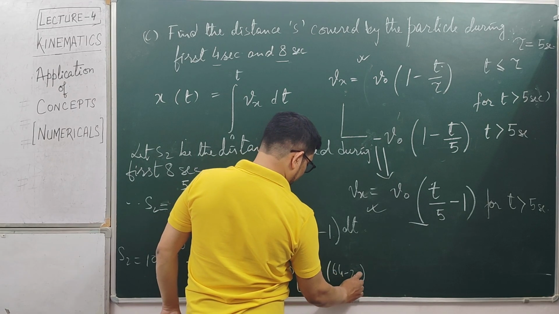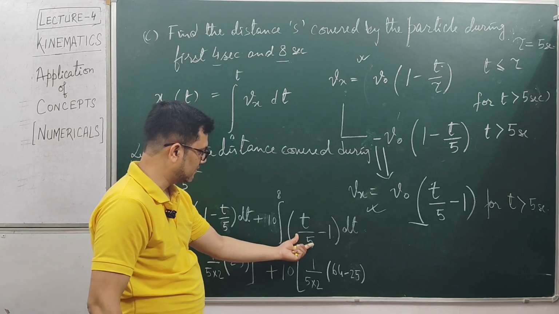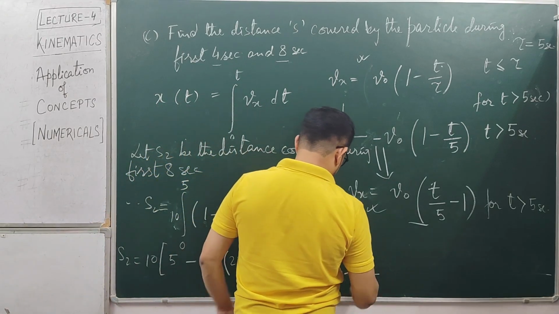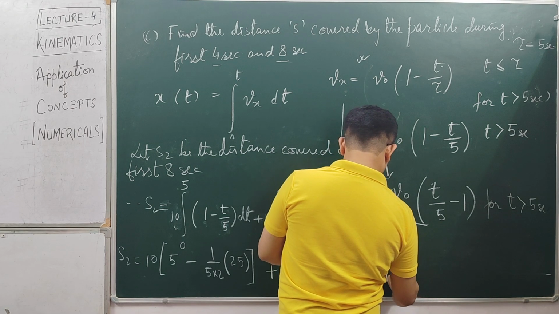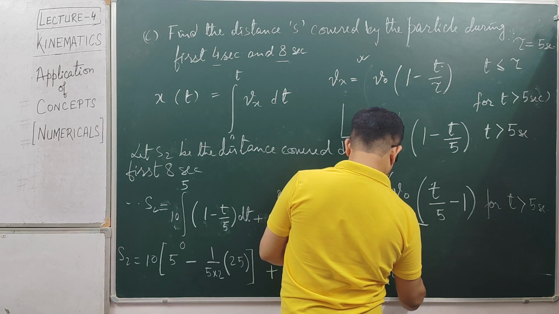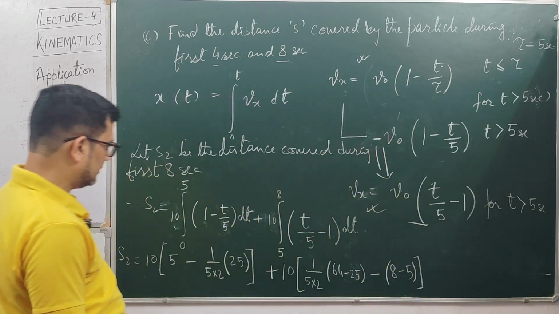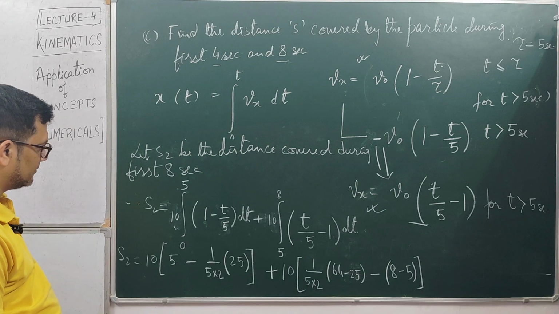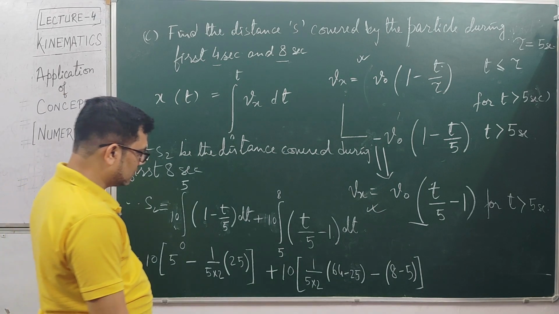So 64 minus 25. Well, for this one, first part, and then minus, this is going to be just t, which is 8 minus 5. All right, so this is how we integrated that expression and put in all the values we'll be getting.